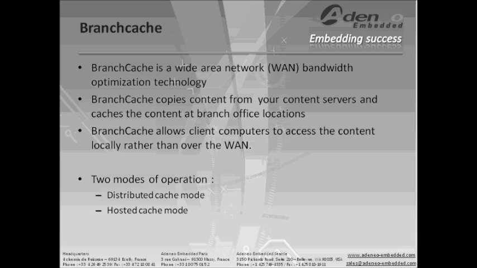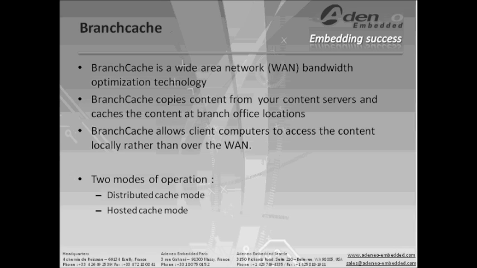So now that we have an idea of what DirectAccess is, let's turn our attention to optimizing access to the resources. For a start, we examine BranchCache carefully. So what is BranchCache? BranchCache is a wide area network optimization technology.